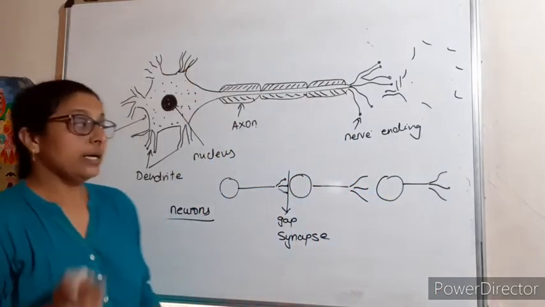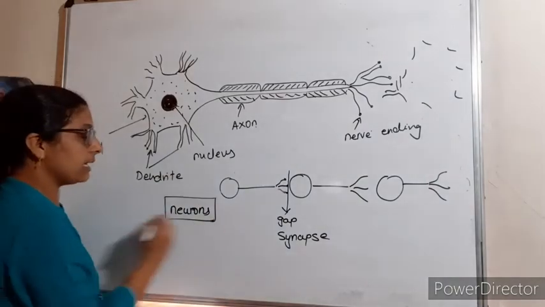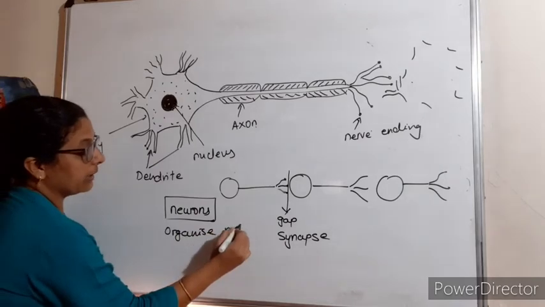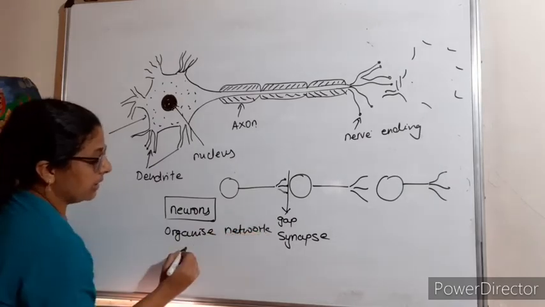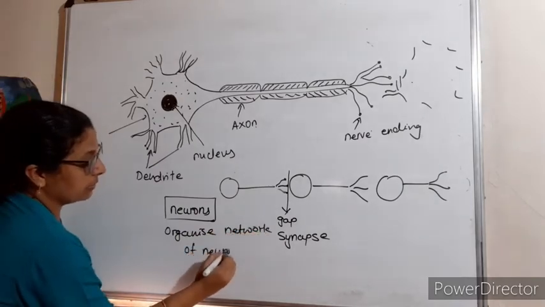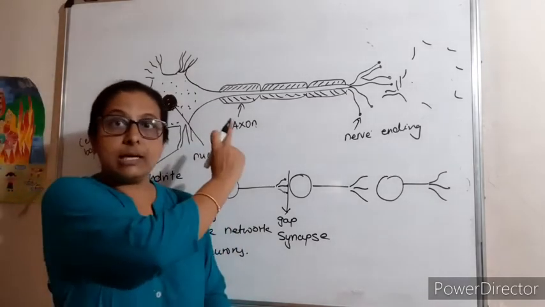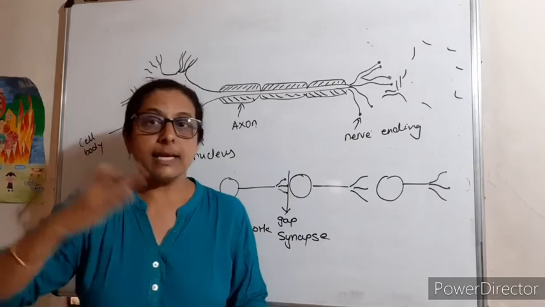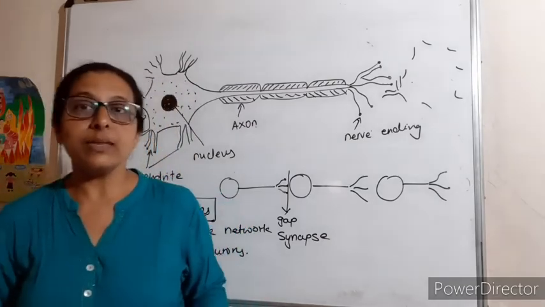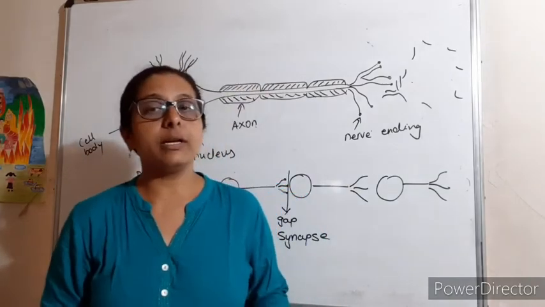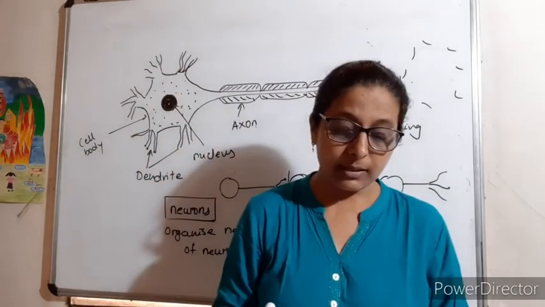In thus, no surprise that nervous tissue is made up of organized network of neurons. Nervous tissue, this is nerve cell, is called neuron. Cell बना के tissue बनते हैं. So that nervous tissue is made up of network of neurons.